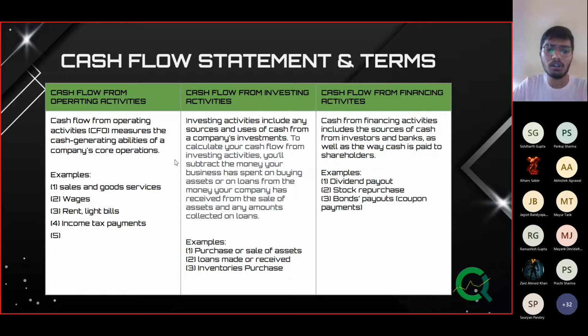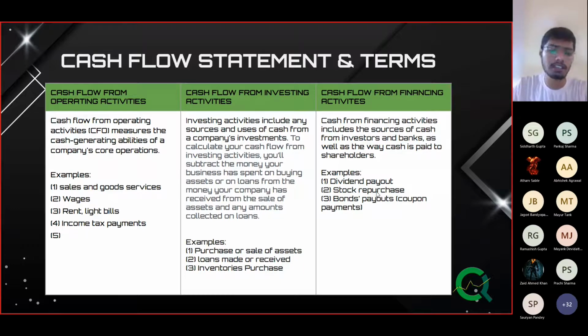Operating activities are regular things, like sales of goods or services, wages, and rent. Inventory they are purchasing comes into the investment activities. Or suppose they have invested in a bond, and whatever profit they get from that they use for purchasing inventories. That also comes into the investment activities.